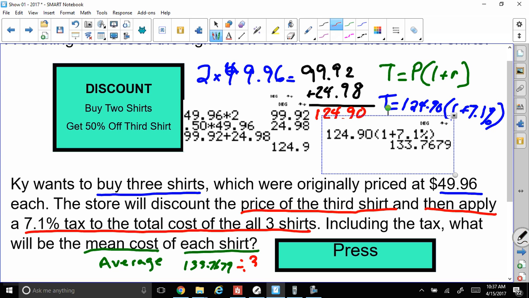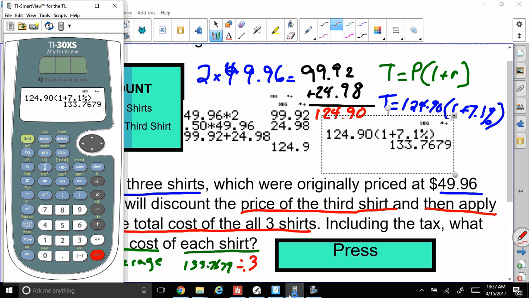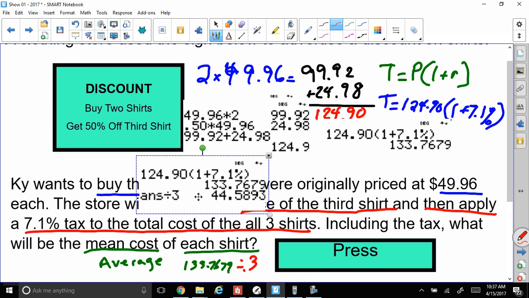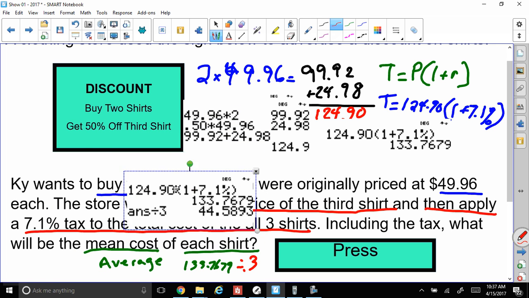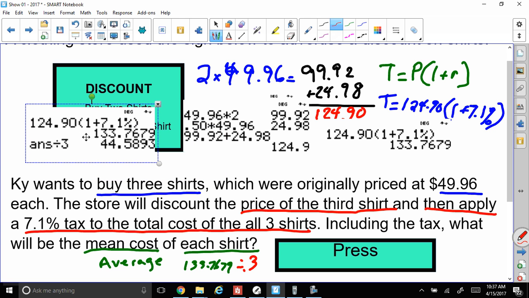Why 3? Because there are three shirts. Let me get my calculator one more time and take that answer and divide it by 3. Because that'll give us how much each shirt should cost. Now I'm looking at this, and this is going to be my average cost of the shirts. So I'll put that over here.